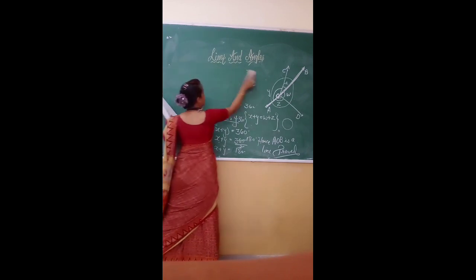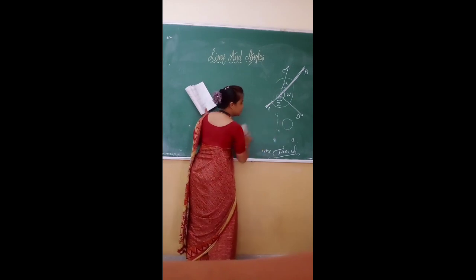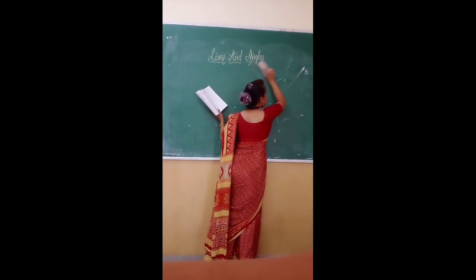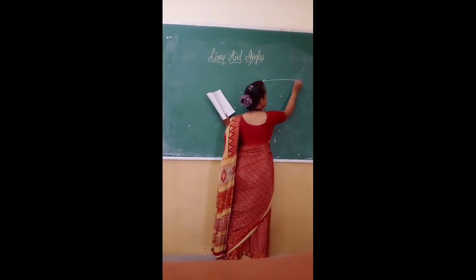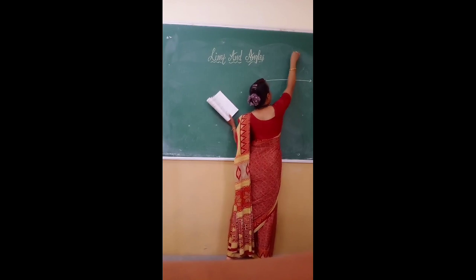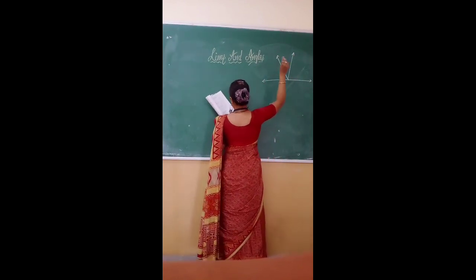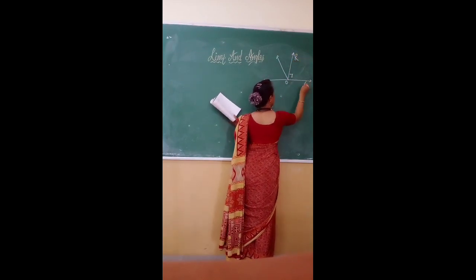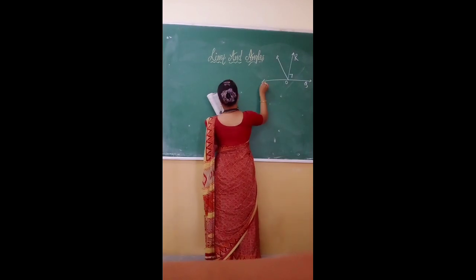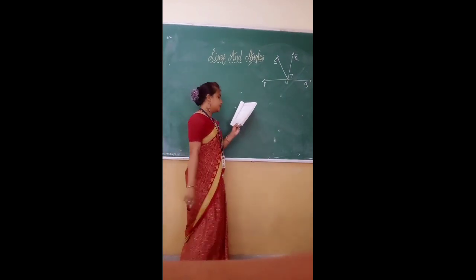Now the next question is a little bit different from the questions which we have been doing till now. See the next question. Now this figure is given to us.